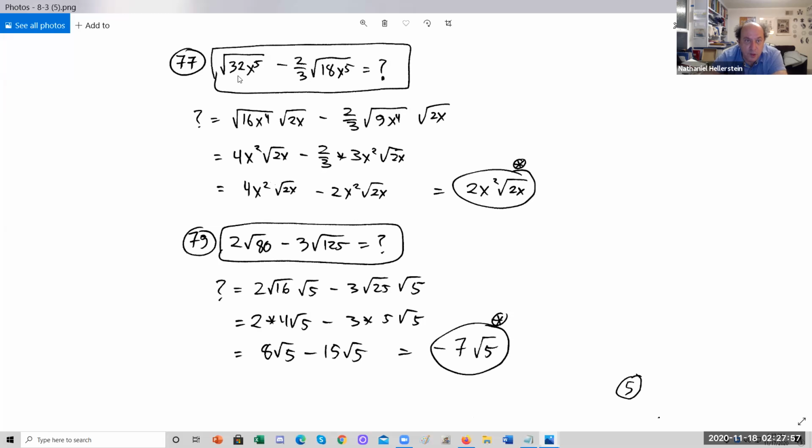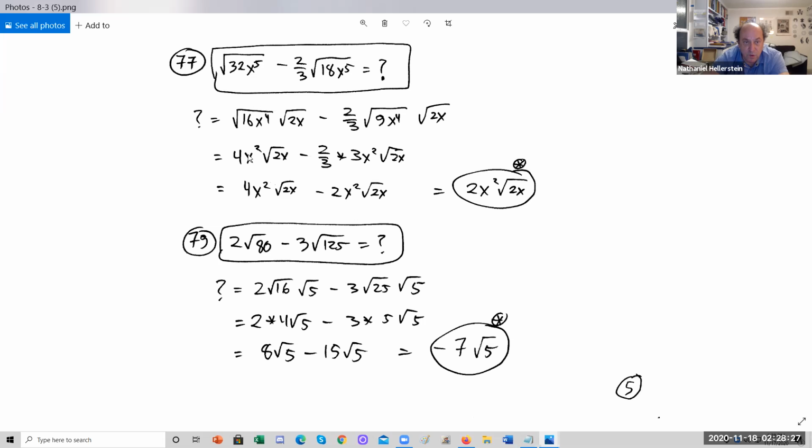All right, root 32x to the 5th minus 2/3 root 18x to the 5th. What's that? Largest square factor of 32 is 16, that times a 2. Largest square factor of x to the 5th is x to the 4th, that times x. You have a 2/3. Largest square factor of 18 is 9, times a 2. Largest square factor of x to the 5th is x to the 4th times an x.